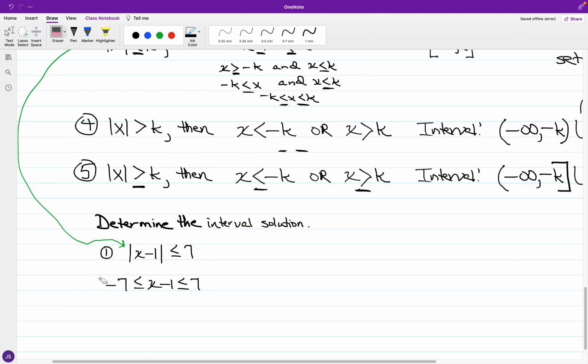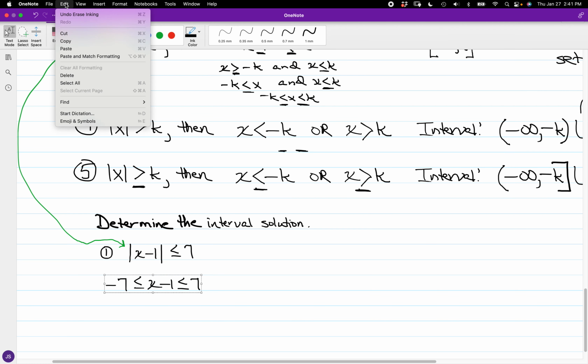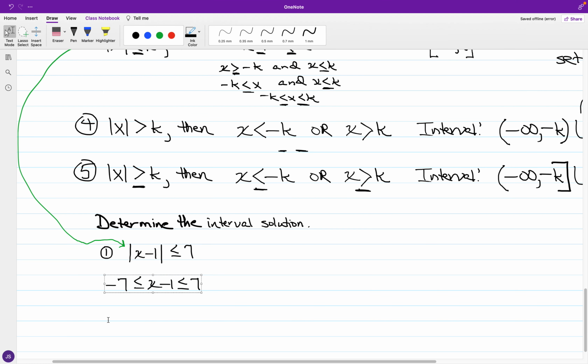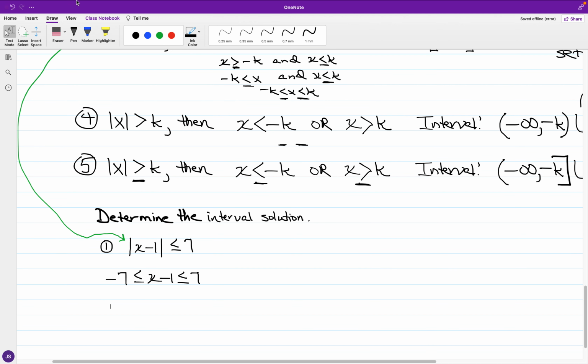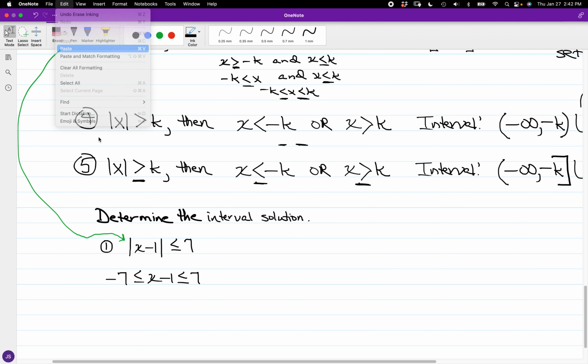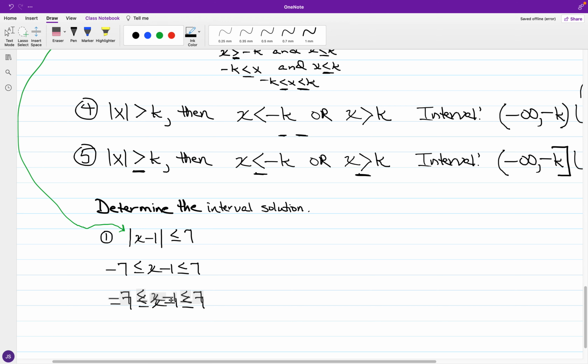And just looking at what we have here, I'm going to isolate x. So isolating x, we'll add 1 to all sections of the compound inequality.